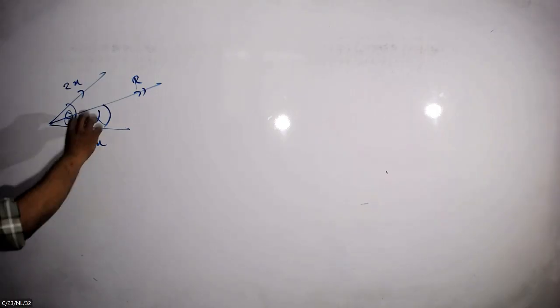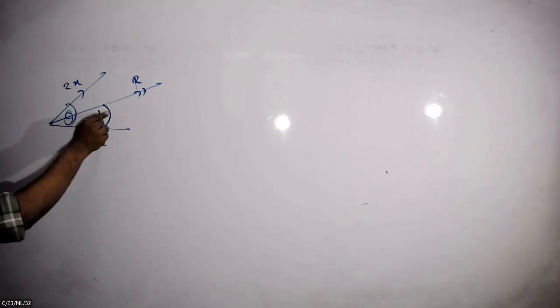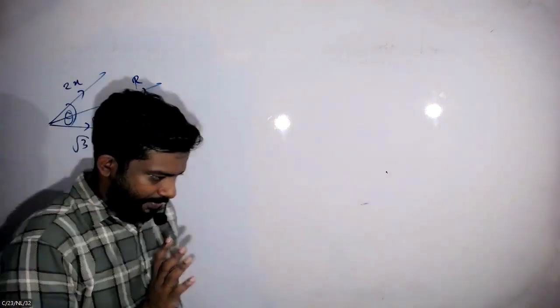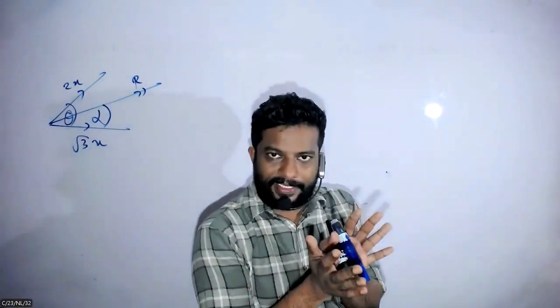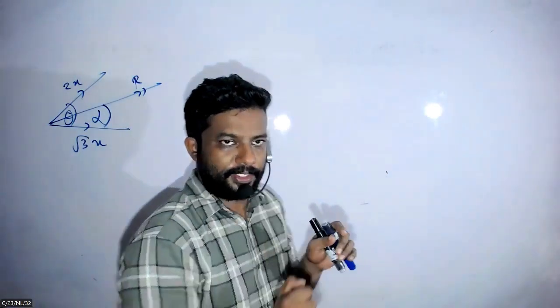Son, if the resultant makes an angle of 90 degree with the horizontal direction, you need to change this diagram. First, you should remember the resultant of two vectors should lie between the given two vectors.